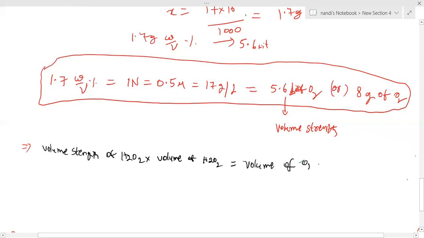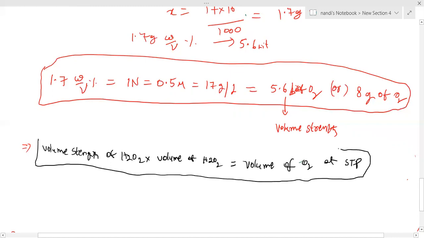This is another relation which we require for solving problems. I will explain that meaning also with one example.